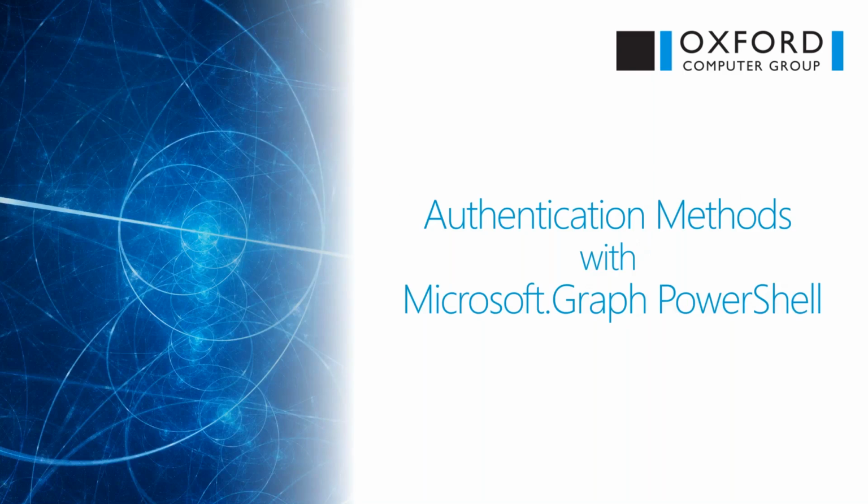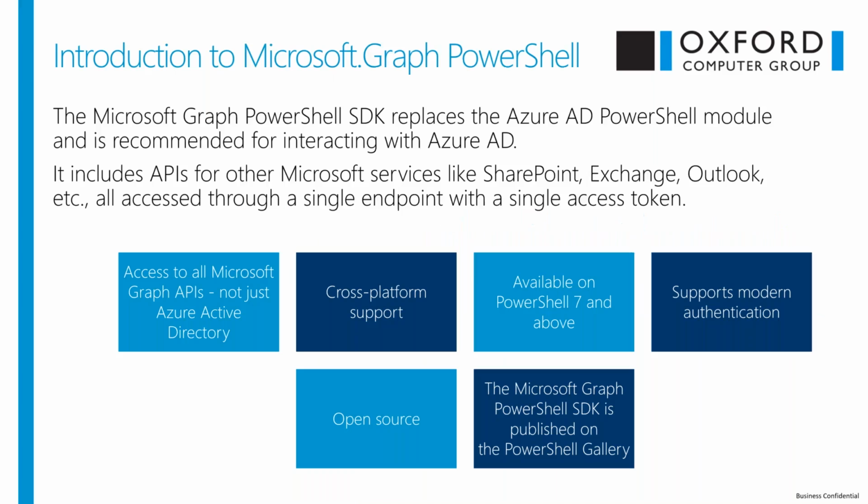Okay, and now we're going to give a quick introduction to the Microsoft Graph PowerShell module, which is a newer way of doing things. It's very nice. Microsoft has been investing heavily in the Graph PowerShell modules, and I'll say modules because it is designed to manage everything that's up in Azure.